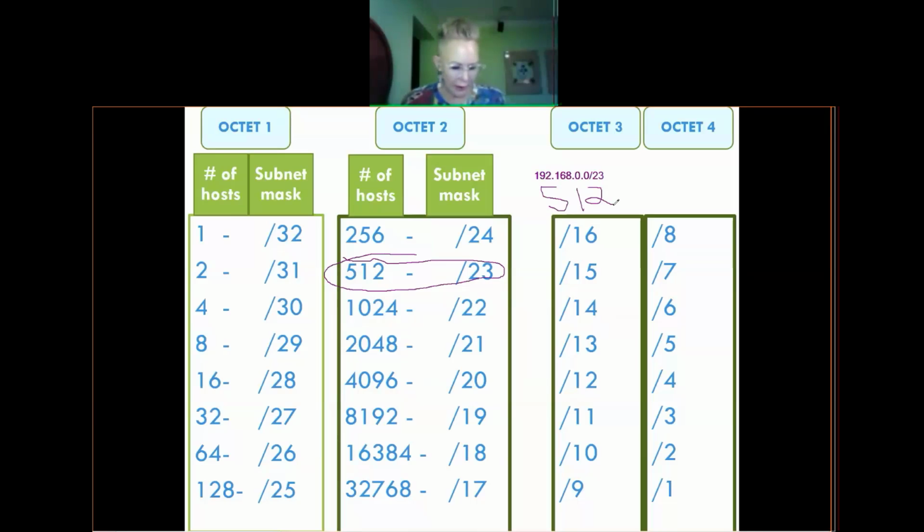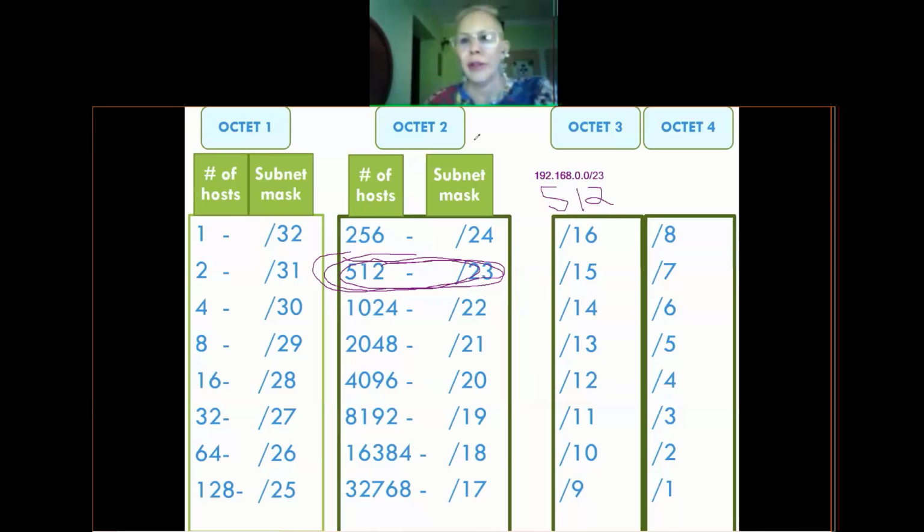I think I need about 500 addresses. The internet service provider would say, okay, here, I'm going to give you the network address of 192.168.0.0/23. Why would they give us a /23? Because the /23 gives us enough addresses so that we could address all of our computers.